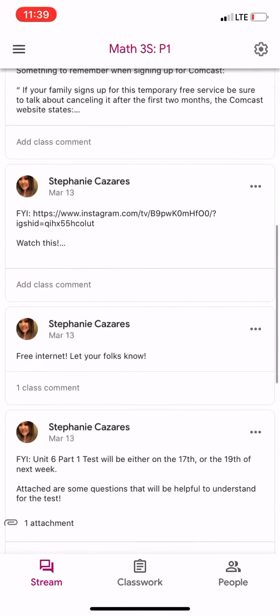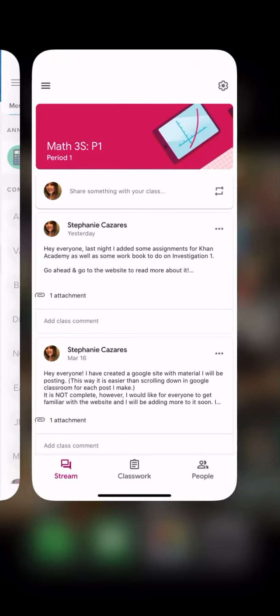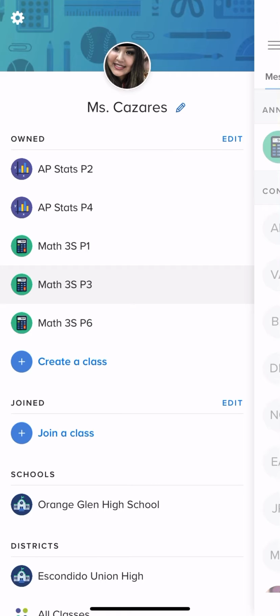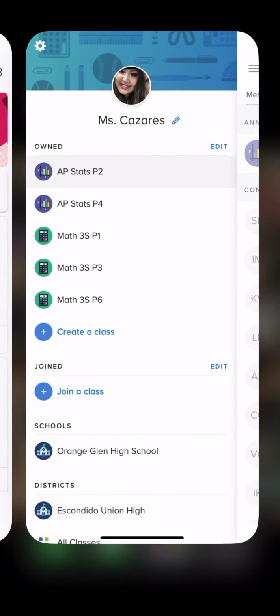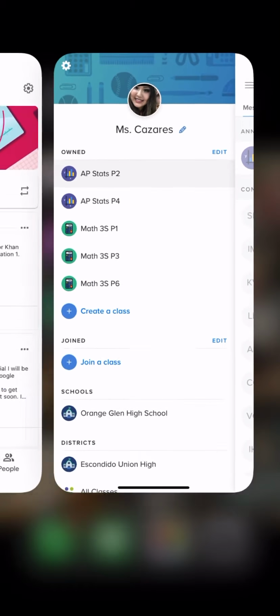That's mostly what I was using it for, but there's different ways to add classwork if I wanted to for the students there. My AP Stats is actually very familiar with Khan Academy. That's what I've been using for them to learn material they will need for the AP exam.